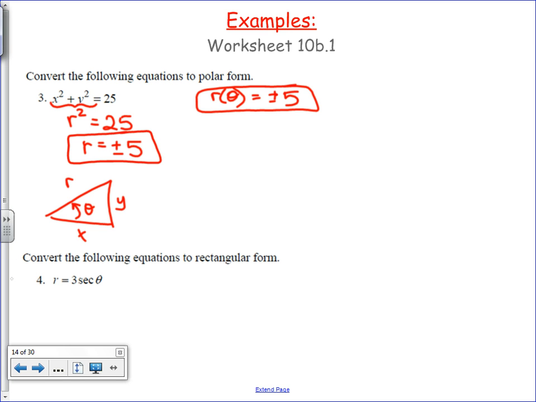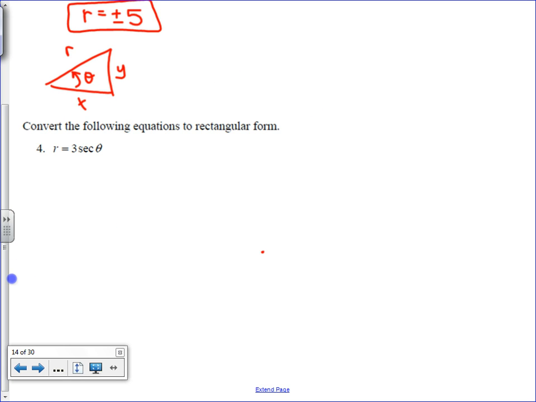How about this one? What would you guys do if it says convert to rectangular form? Make it either cosine or sine. R cosine, so it's x equal to 3.